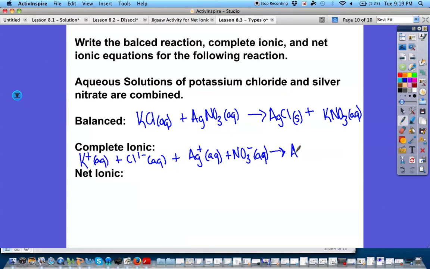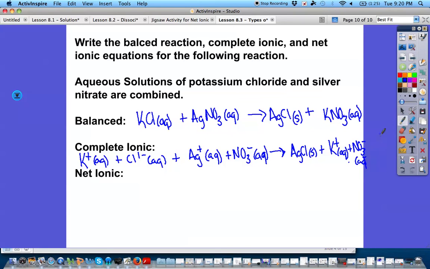And then silver chloride is insoluble, so I'm just going to copy that down as is. And then we have a potassium ion and a nitrate ion.